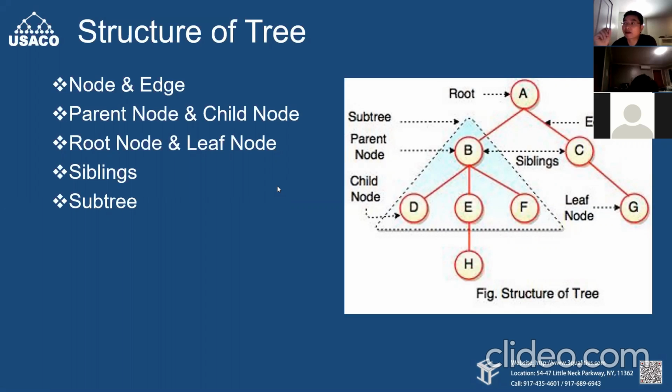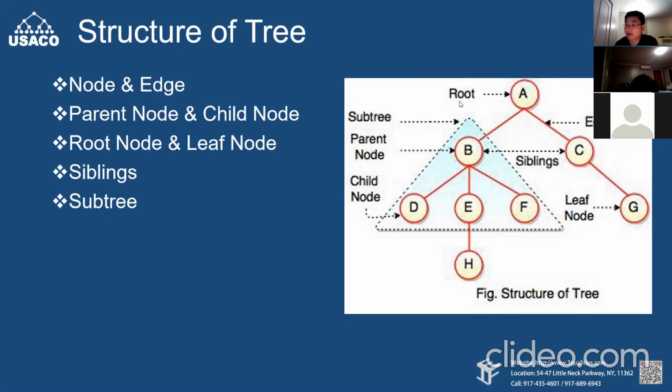Similarly here, for a tree, I give you the root node. Once you have the root node, you can expand and visit all the child nodes. So we can see here, node A is the root.